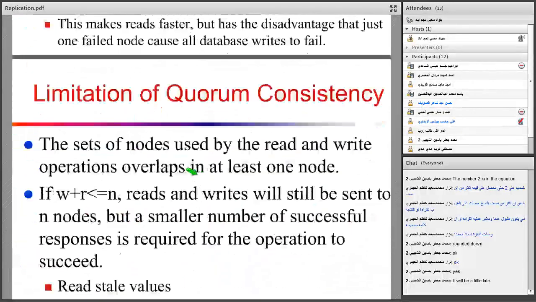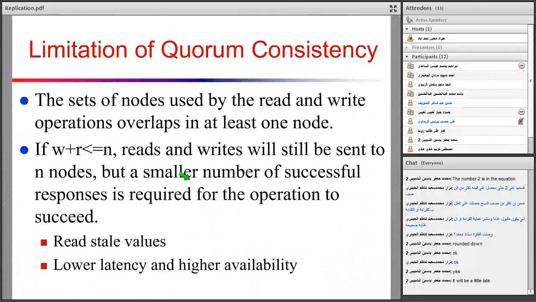That's enough. The limitation for quorum consistency: the sets of nodes used by the read and write operations overlap in at least one node.